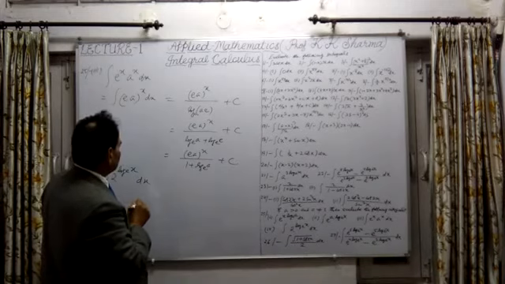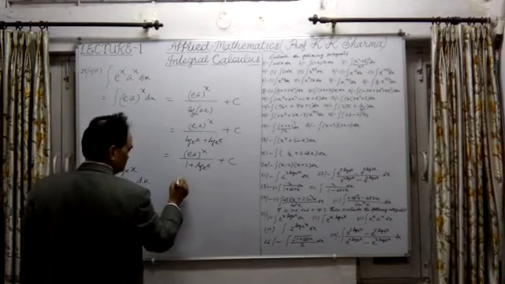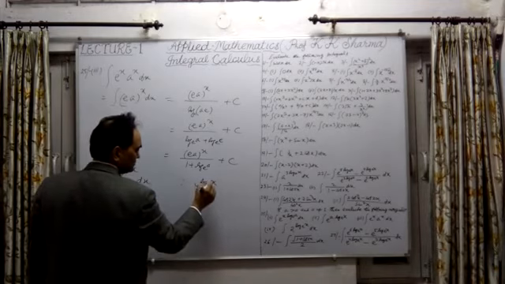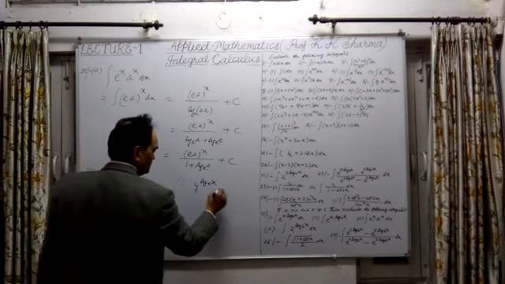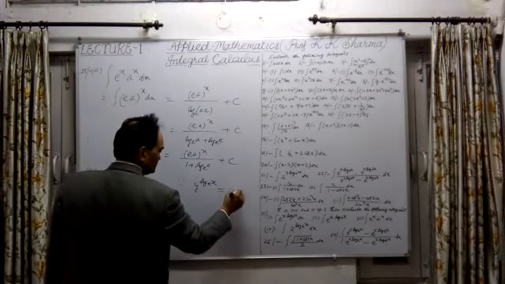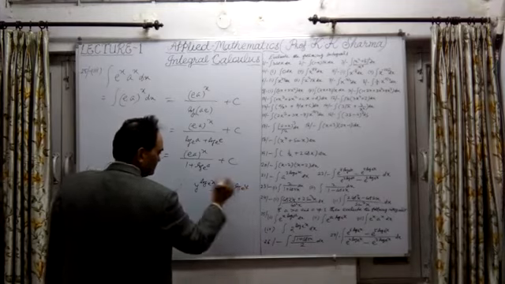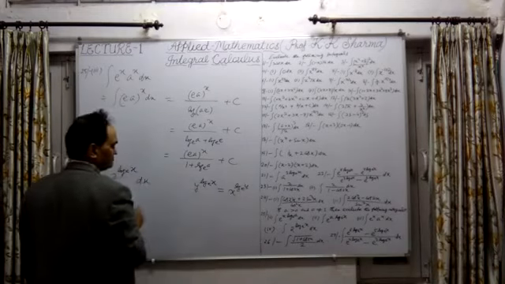Now wherever this power is given to us, we know that y raised to the power log of x to the base e can be written as x raised to the power log of y to the base e. The base is the same, so these can be replaced like this.